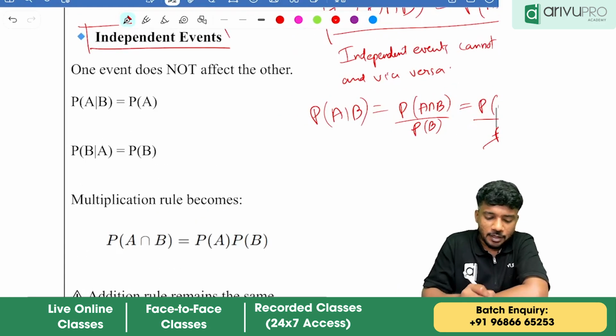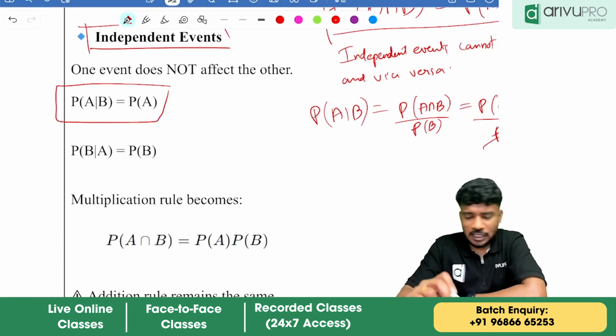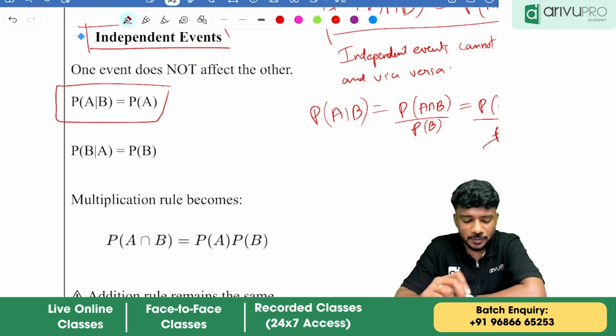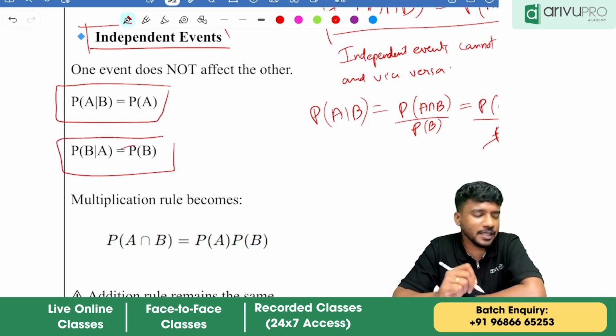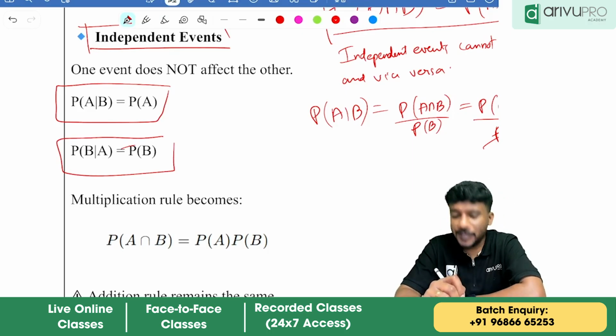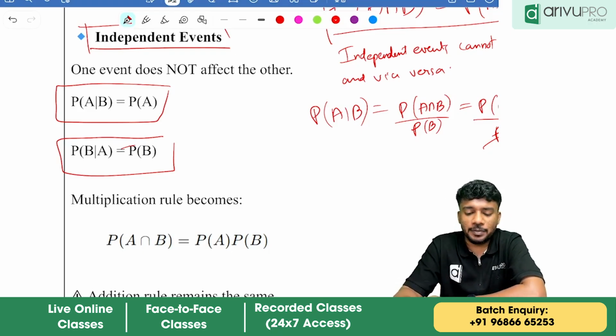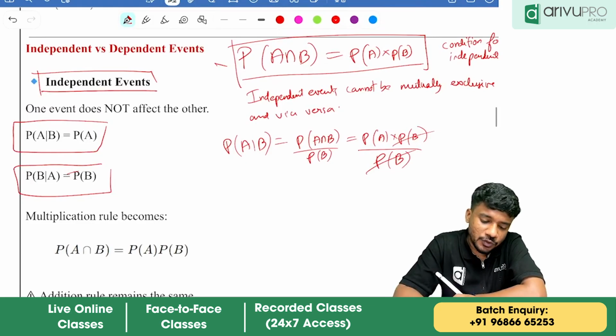What will remain? P of A given B will be equal to P of A. Similarly, P of B given A will be equal to P of B. So that's the basic criteria for independent event.